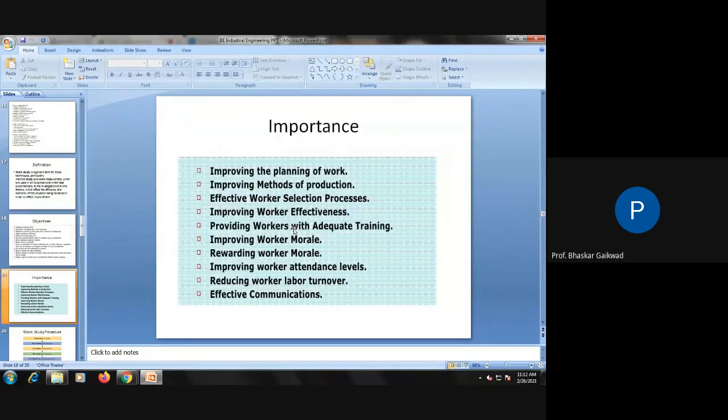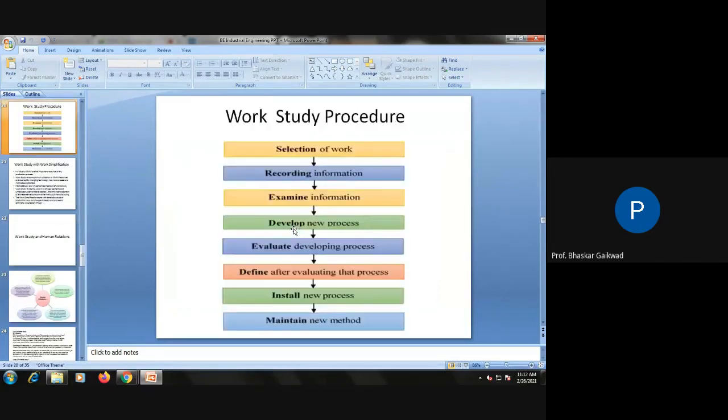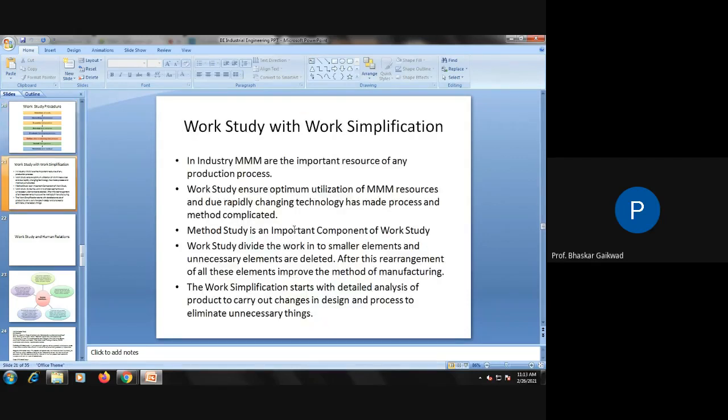Importance: improvement of existing methods, reduced cost, workers get satisfaction, ultimately achieving the goals of the organization. Work study procedure is given as selection of the work, recording information, examination of the information, developing the new method, evaluating the new method, installing that method and maintaining the new method.